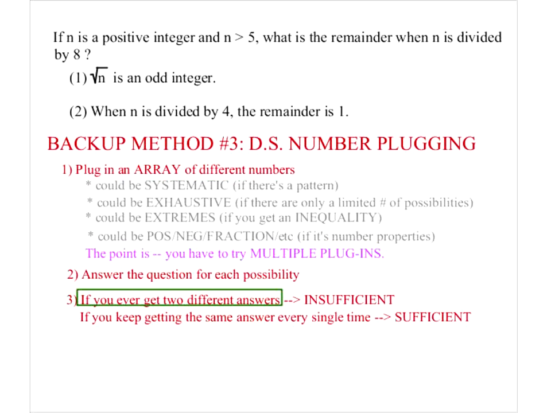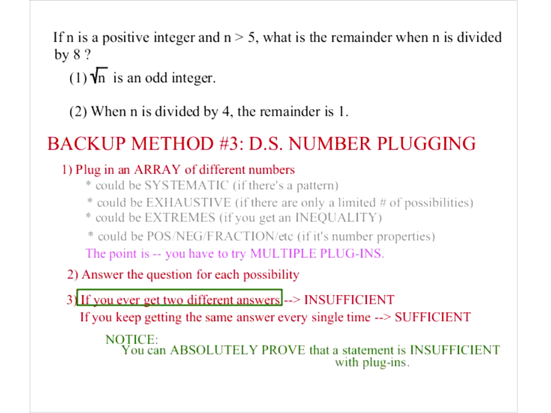What I want you to notice here is this. You can absolutely prove that a statement is insufficient with plug-ins. Sufficient, though, is just surrendering after you fail to get insufficient.